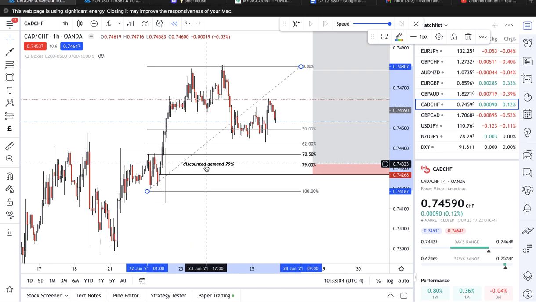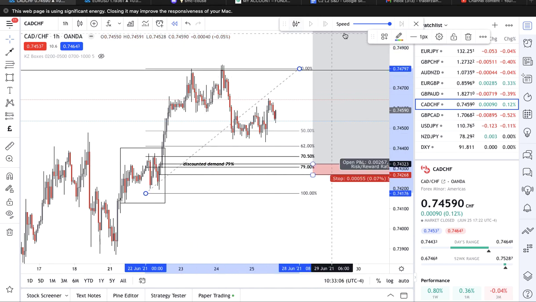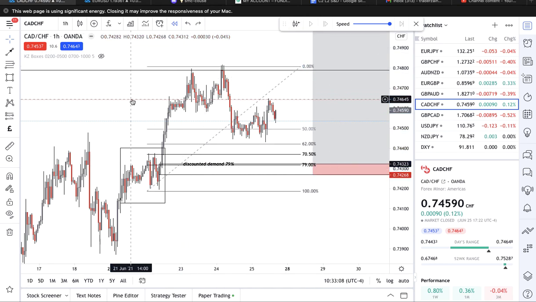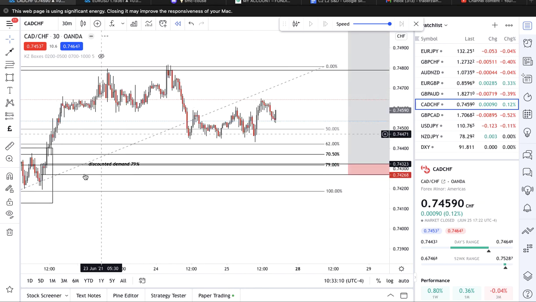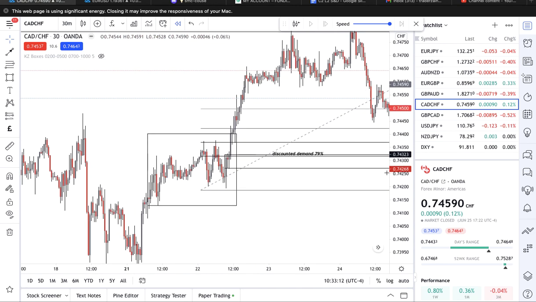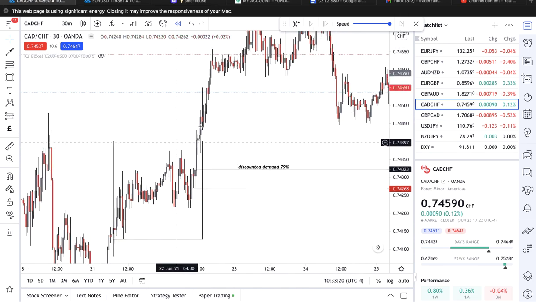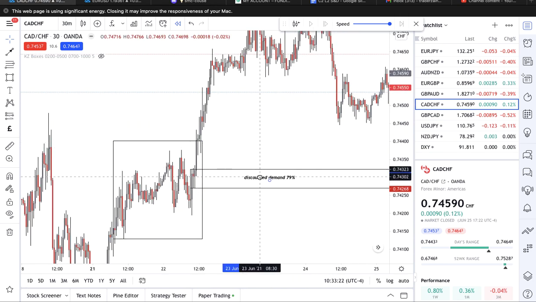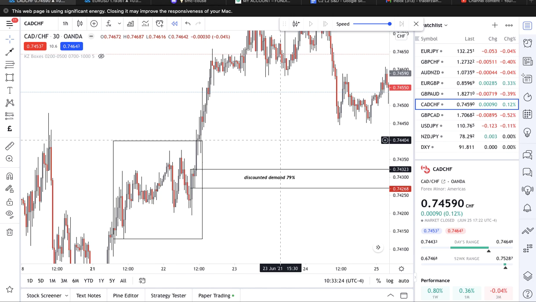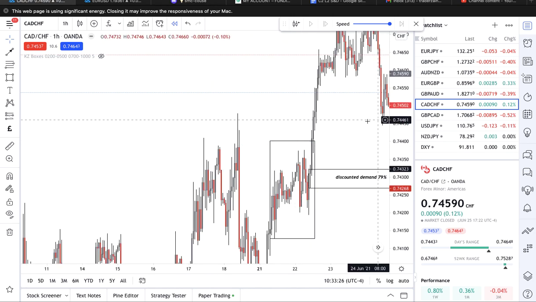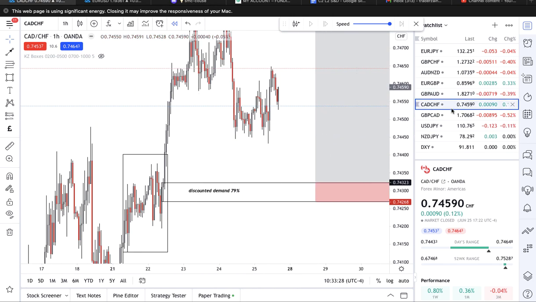A discounted demand, right? And if I head over to that 30-minute, I'm sure I can show you the zone I'm going off with, which is right here. Rally, base, clean indecision candle, and then a rally, right? And we've got this imbalance and that break of structure. That is why I'm looking to take entry off this discounted demand, right?